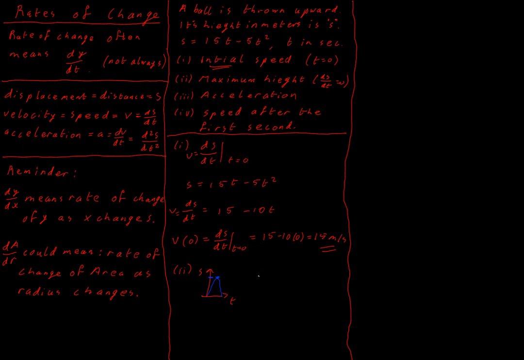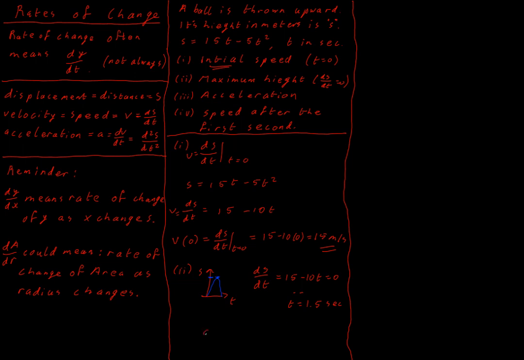So let's see if we can find our maximum height. So that is going to happen when ds dt is equal to 0. So ds dt, I already found, is equal to 15 minus 10t, and that equals 0. When I rearrange that, I will get t is equal to 1.5 seconds. And I want to be sure that that is a maximum height, not a minimum height, so I shouldn't go in assuming that it is a maximum.